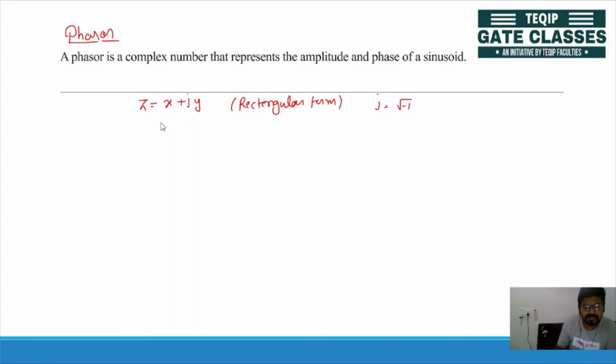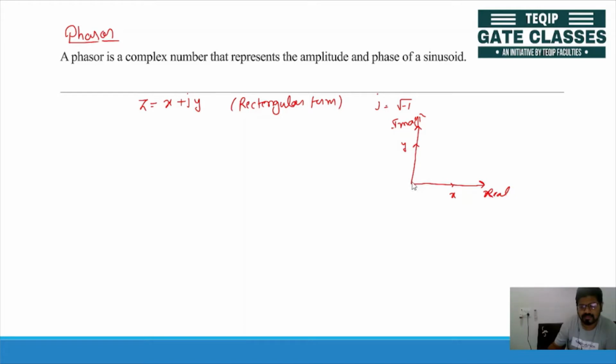So we can represent this complex number like, here we have x on the real axis, and suppose the imaginary axis here. So this is your x and this is your jy.